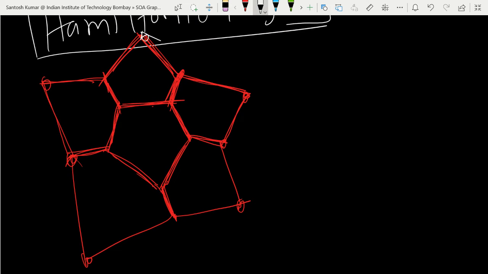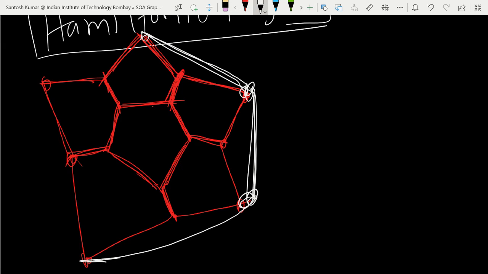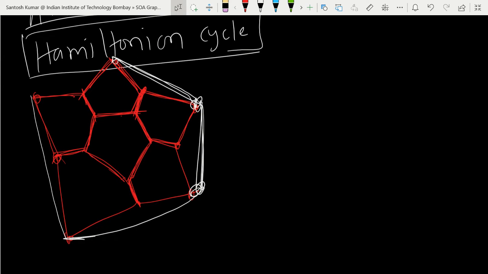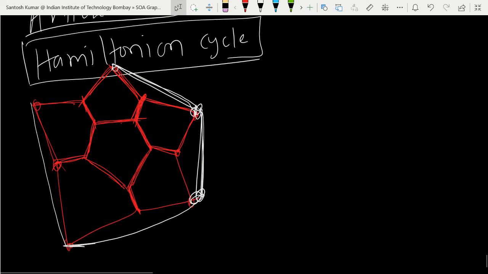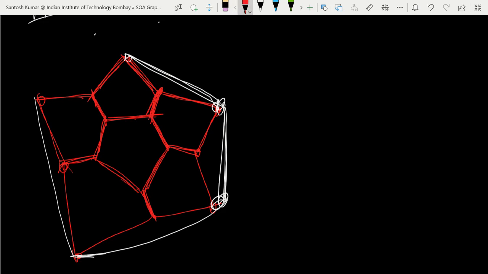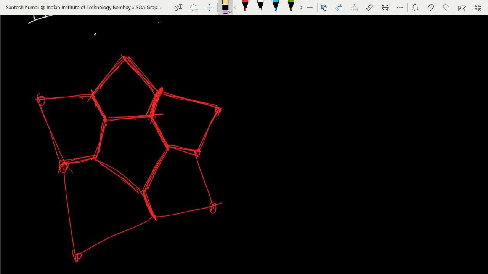And now you join this, you join this, and you join this. Actually, this is not a good graph. Okay, so you can read it like this.